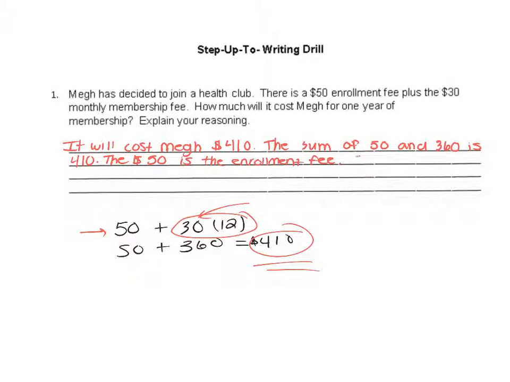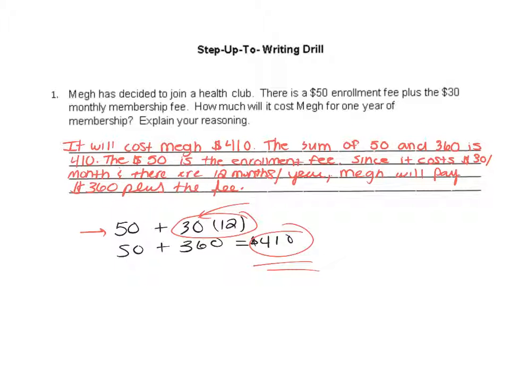So since it costs $30 per month, and there are 12 months in a year, per year, Meg will pay $360 plus the fee.